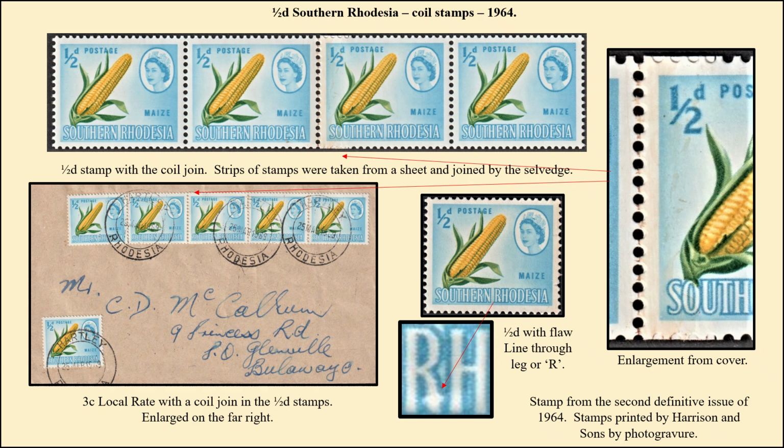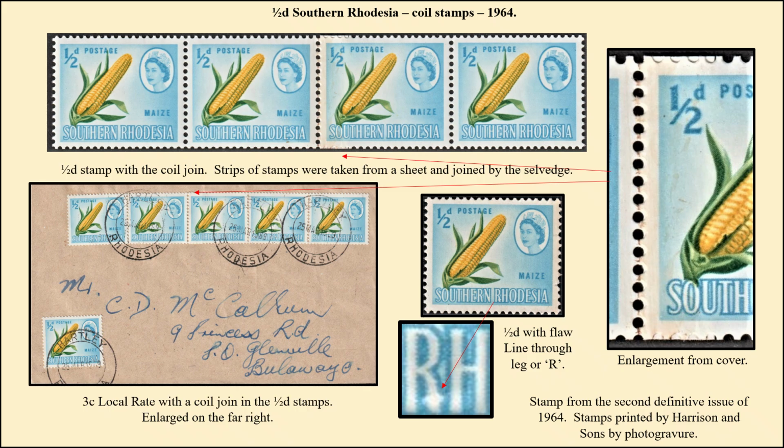This is the halfpenny stamp from the second definitive issue of Southern Rhodesia, with the coil joins. The stamps were taken from a sheet, strips were torn off, and they were joined at the selvage, rolled up and used in vending machines.